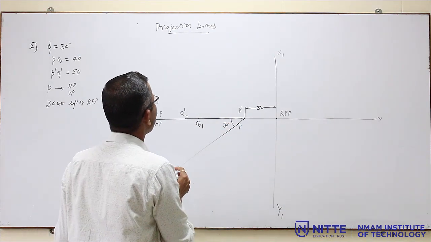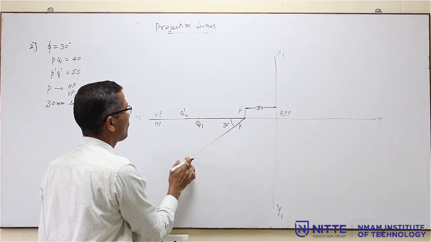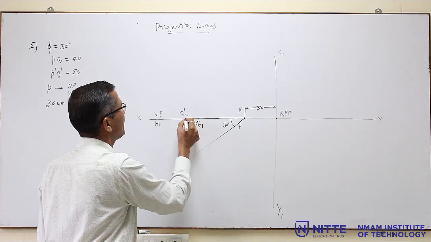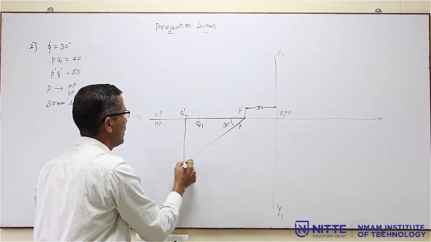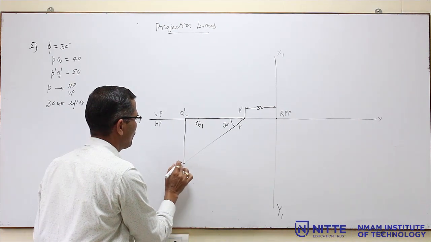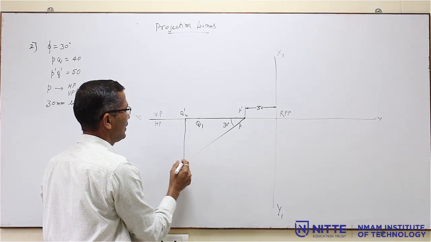After that, we do not know where Q2 is. But Q2 dash is already here, so project this line below and obtain the point Q2, because Q2 and Q2 dash should be in one line. Now this is the true length.